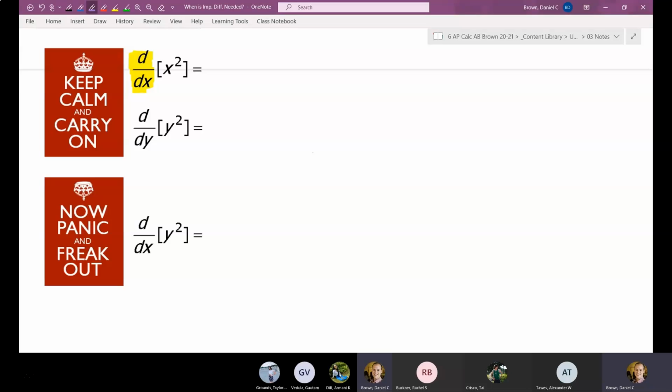So when I see d dx, that means take the derivative with respect to x. Most of the time we don't need to say that clearly because we're almost always taking the derivative with respect to x. If I say find the derivative of sine of x, it's understood to be with respect to x. And we know the derivative of that.